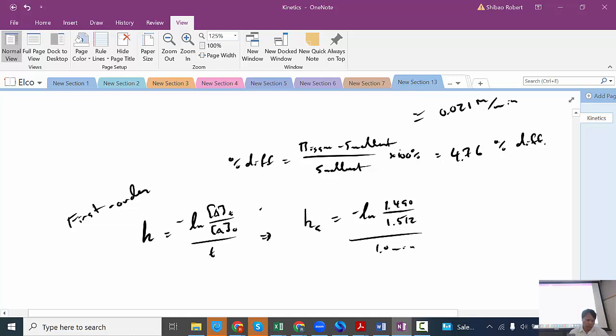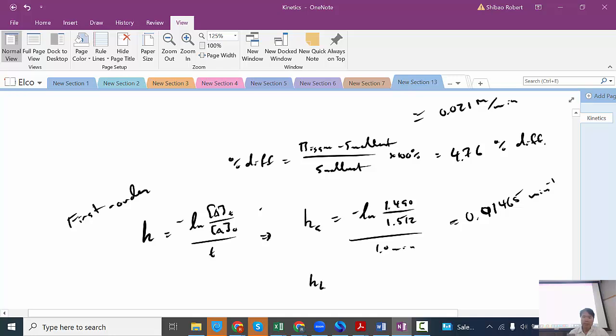So 1.49 divided by 1.512, take the natural log of that, divided by 1. This comes out to 0.01465. I'll go extra digits just to make sure. The units here are minutes to the minus 1.